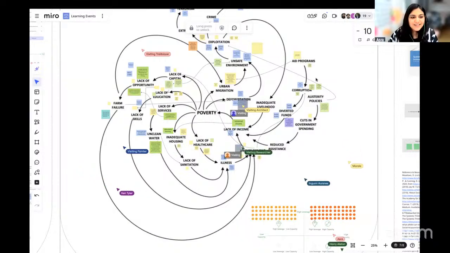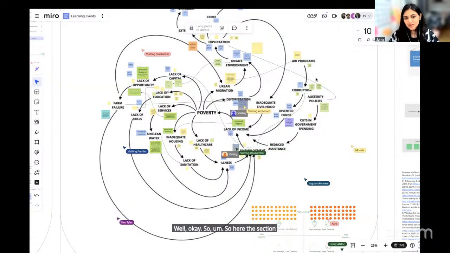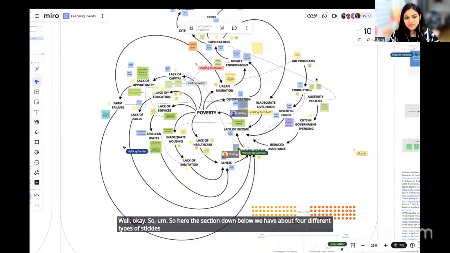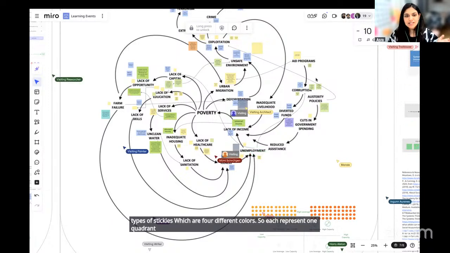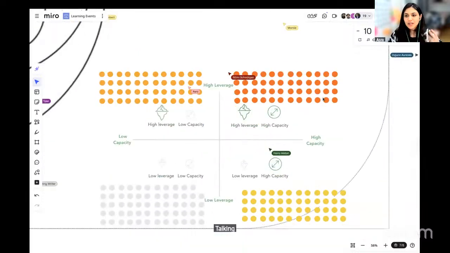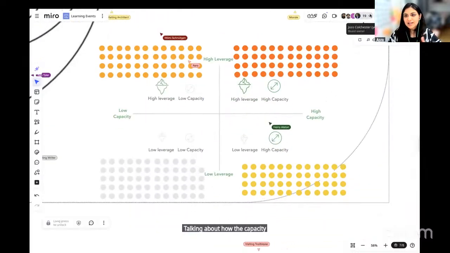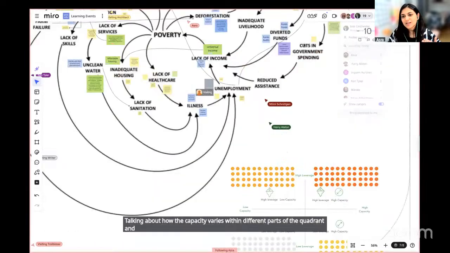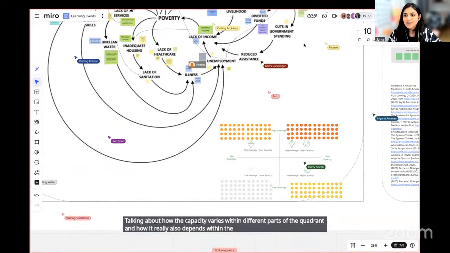Well, okay. So here, in the section down below, we have about 4 different types of stickies, in 4 different colors. Each represents one quadrant, which is what Joss just explained to us in the presentation towards the end, about how the capacity varies within different parts of the quadrant and how it also depends on the resources and the actors involved.